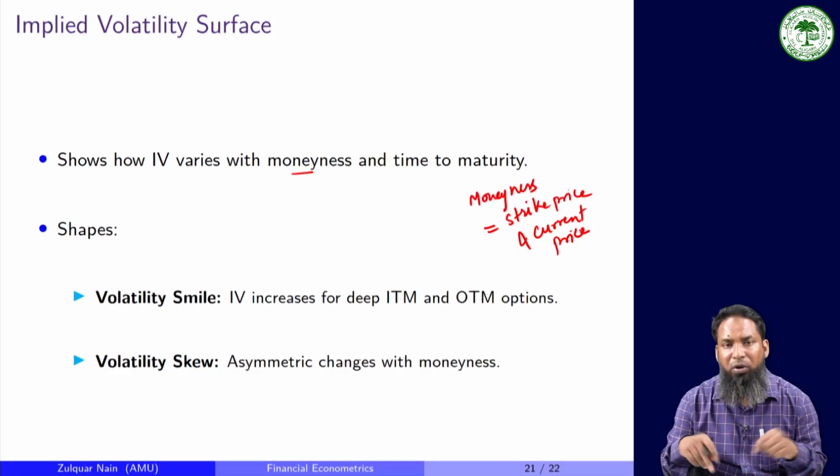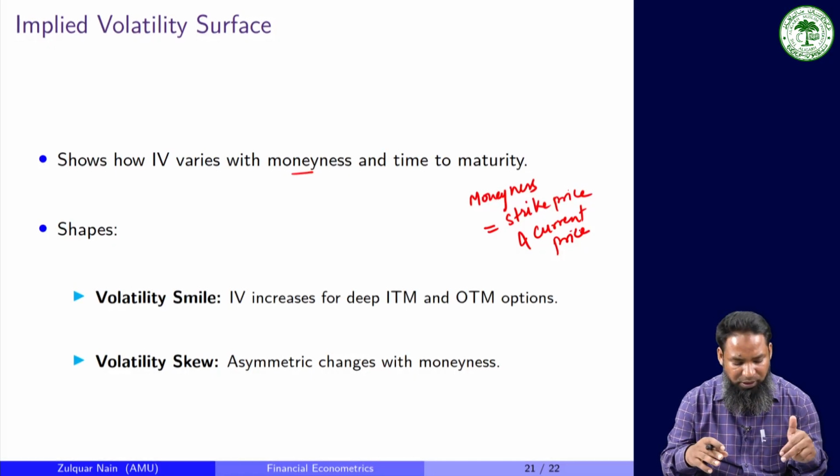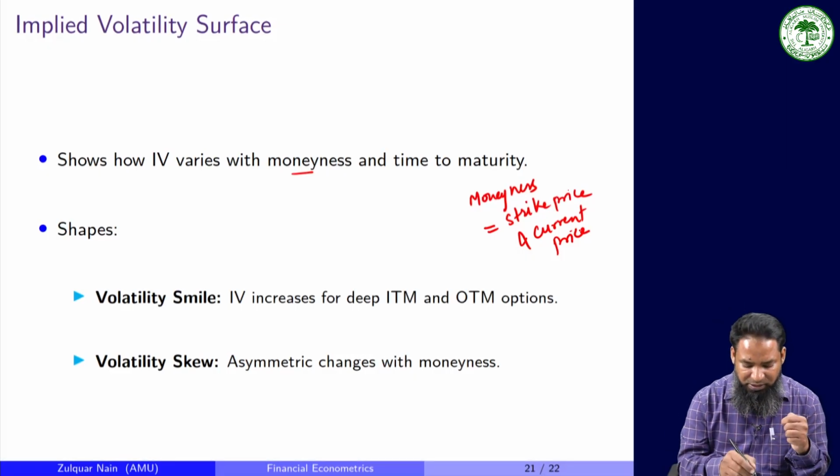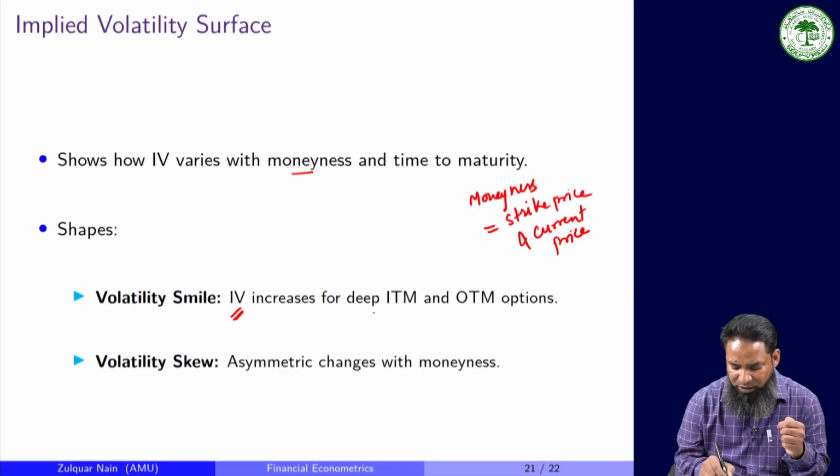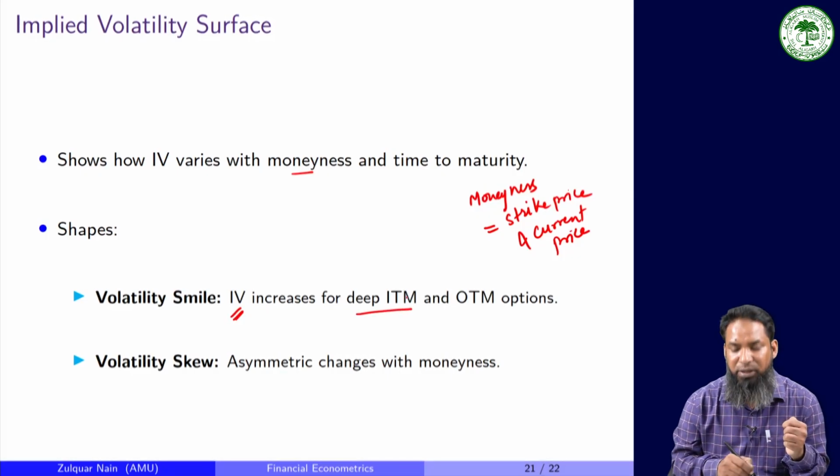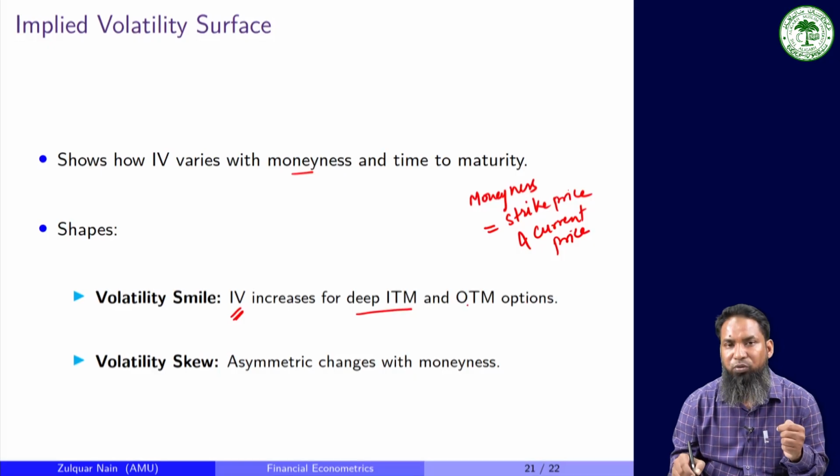And if we plot that, we will have a shape, and based on the shapes we call it the volatility smile and volatility skewness. Volatility smile basically reflects that implied volatility increases for deep ITM, that is in the money, and OTM options, that is out of the money.